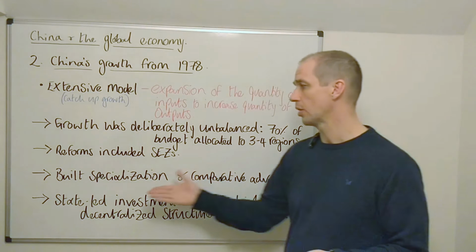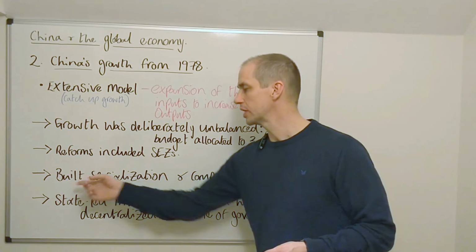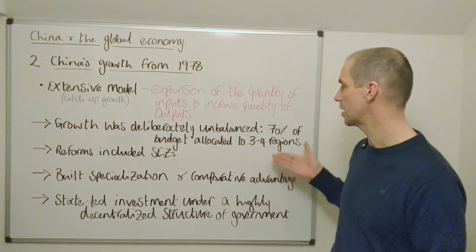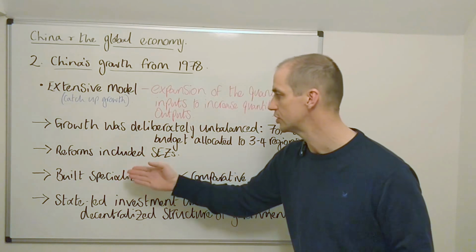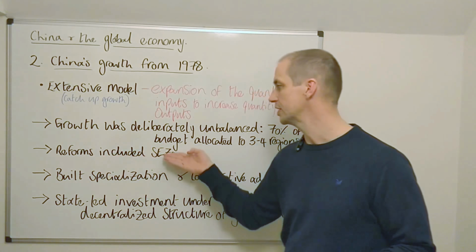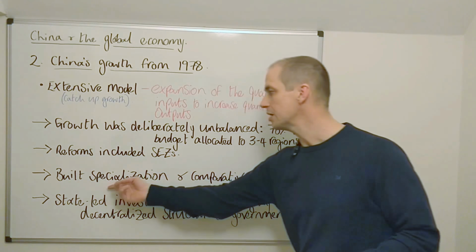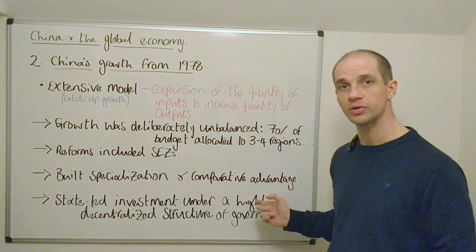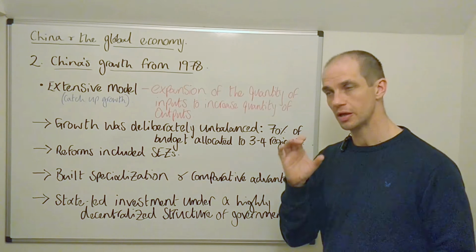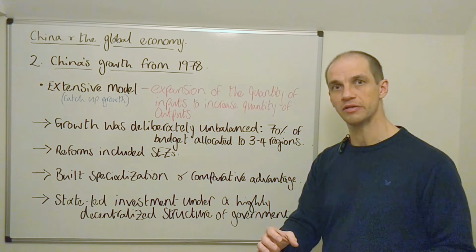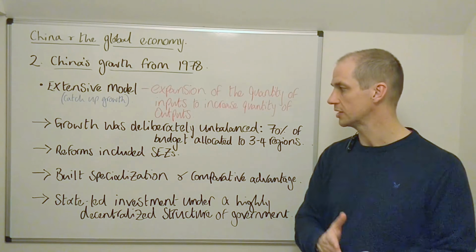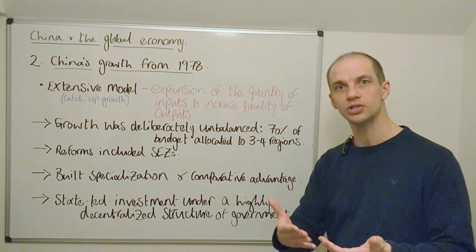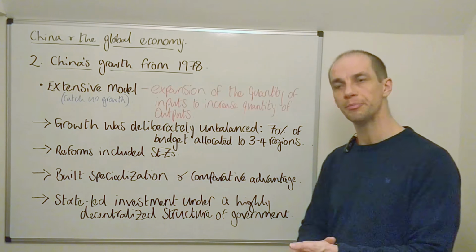Right, so looking at our next points, we can see how these points, the fact that this money is allocated to those 3 or 4 coastal regions, the fact that we had these special economic zones, enabled China to build a specialisation and comparative advantage early on in low-end manufacturing. Now, of course, that comparative advantage has changed as the economy has become wealthier.